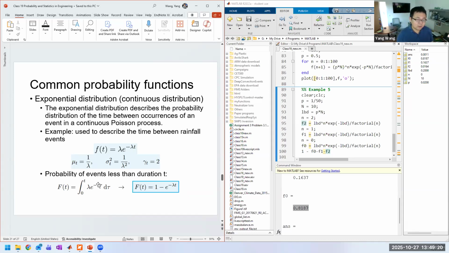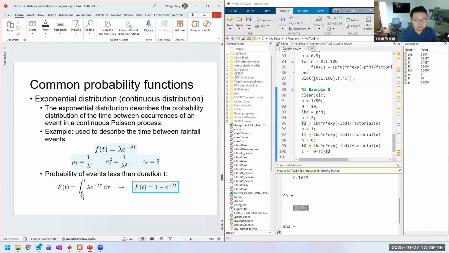So if you think about what it means here, basically we're trying to calculate an integral, right? So the duration can be, let's say, half a day, right? A third of a day, right? Let's say within 2 days, the probability of rainfall events in Miami happening within 2 days, then it's going to be an integral of this function from 0 to 2, right? So within 5 days, it's going to be 0 to 5, right?